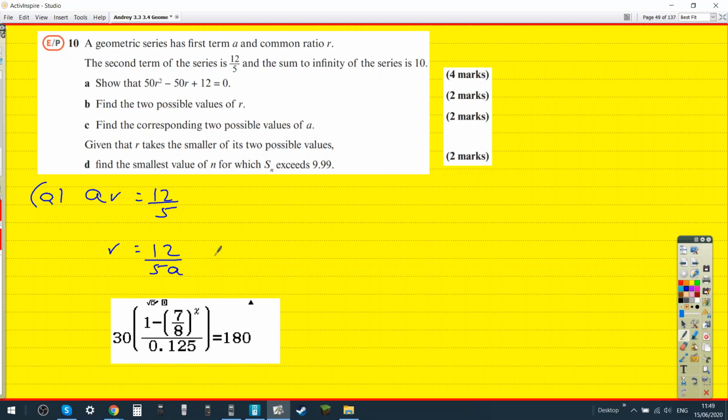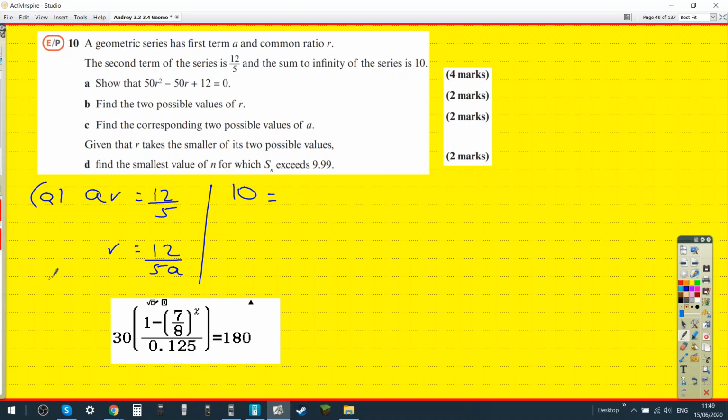And so would I do something like, the sum to infinity is 10, so would it be like 10 is equal to... Should I do it the other way around? Yeah, I think it'd be easier the other way around.